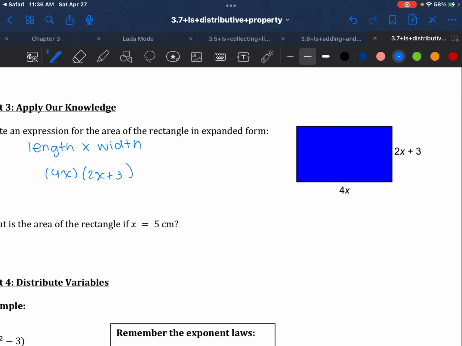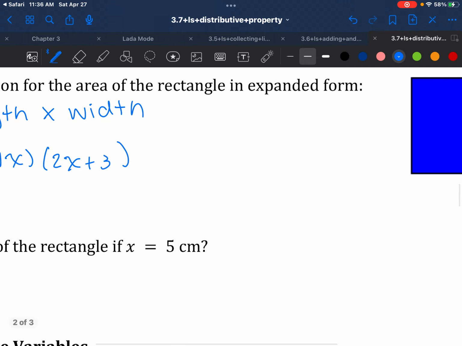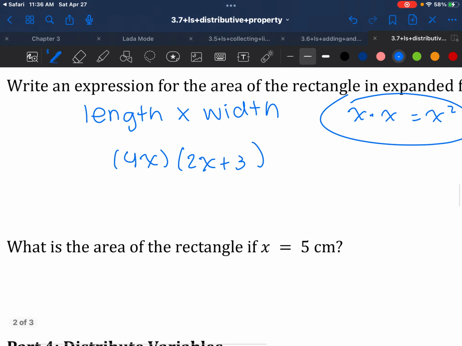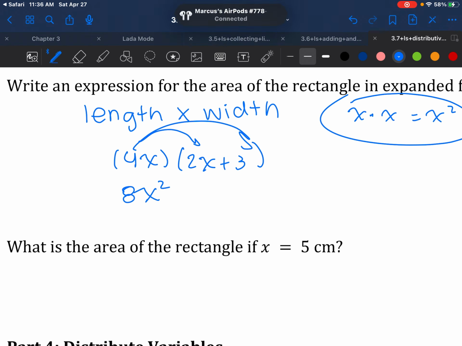Now, when we times x, remember x times x equals x squared. So 4x times 2x is going to be 8x squared. 4x times 3 is going to be plus 12x. And that's the area of our rectangle.